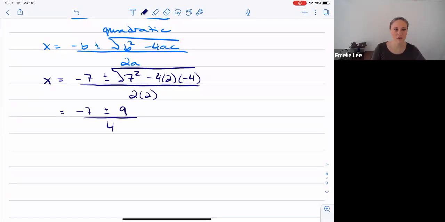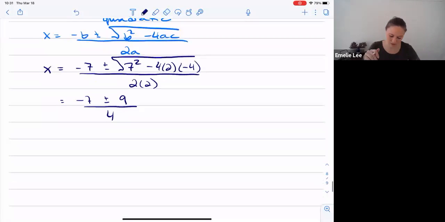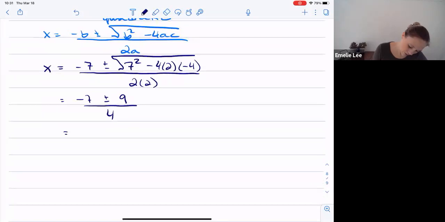I skipped showing some work there. That's okay. As long as you're able to factor, you can just kind of rip through it if you want to. You can show as many steps as you want to, but we're trying to factor, so we're just trying to get there. So we have minus 7 plus 9 over 4, and minus 7 minus 9 over 4.